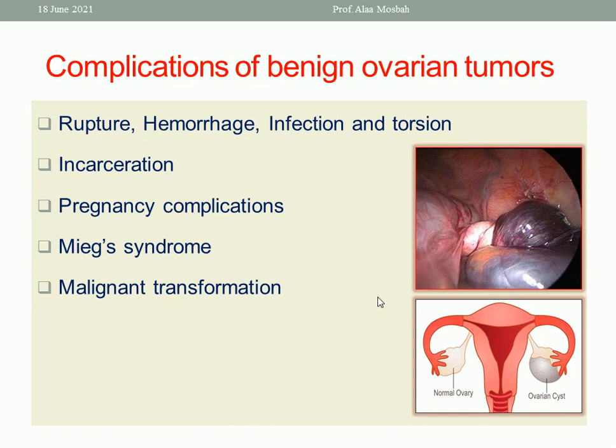The tumor may cause hazards on the pregnancy, and the pregnancy itself may cause hazards on the cyst, like in this case, she was pregnant and this is torsion during the pregnancy. So both of them can affect the other, the cyst and the pregnancy. Meigs syndrome, and lastly, malignant transformation.